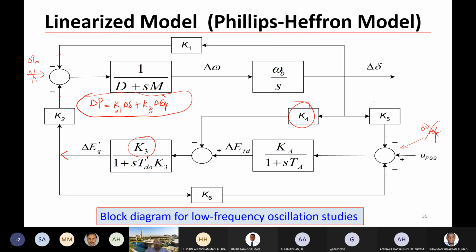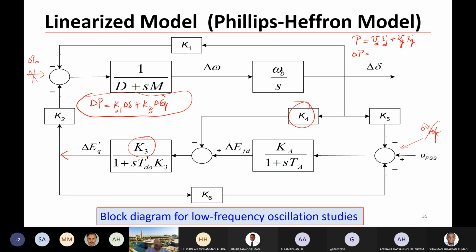If you go back to the power equation, B equals what? B equals Vd Id plus Vq Iq. Can you linearize this? Can you get a delta Be? Can you linearize? What do you think?